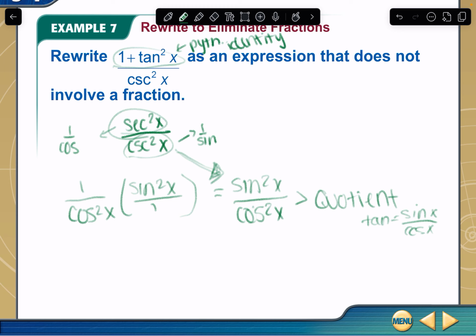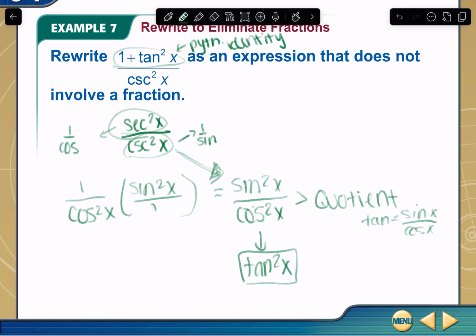So if it is sine squared over cosine squared, instead of just one tangent, this is going to become tangent squared x, which is your answer. So I did multiple things to get to that answer. My goal is really to use identities to be able to change stuff.